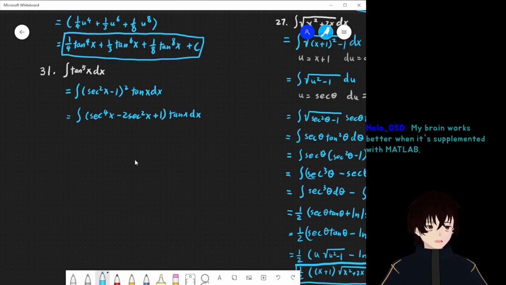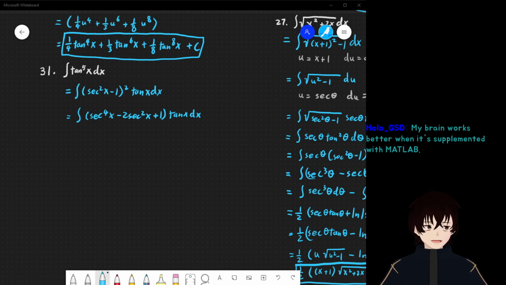Oh. Hello, Holo GSD. Braze works better when supplemented by MATLAB. What is that? MATLAB. Ooh. It looks cool, but I still don't know what it does.